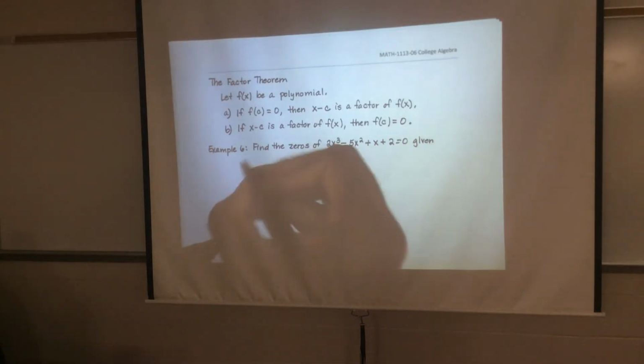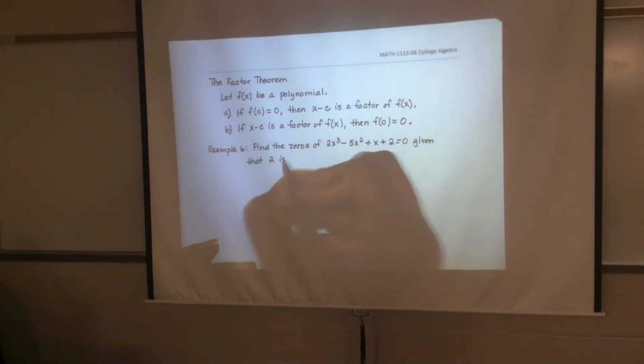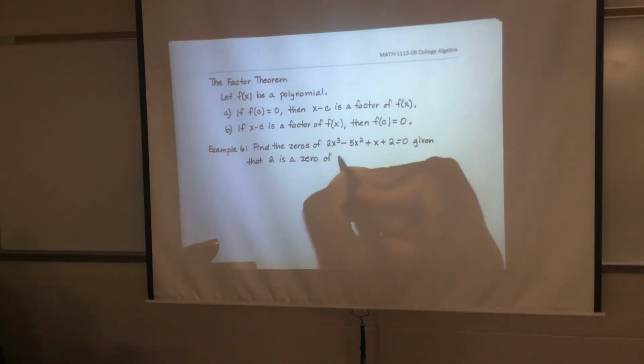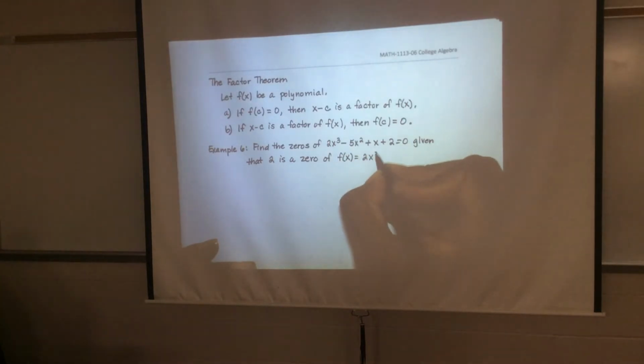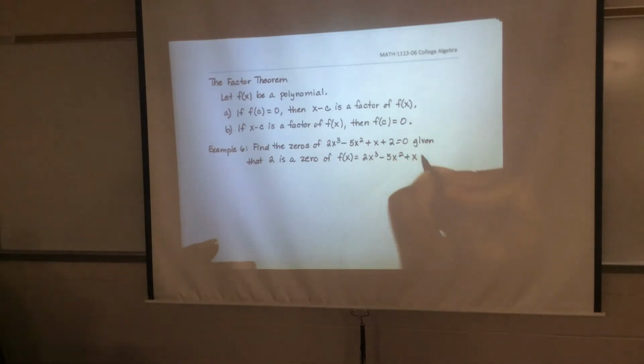And let's say we're given that the number 2 is a 0 of the function, which is the same as this. f of x is equal to 2x cubed minus 5x squared plus x plus 2.